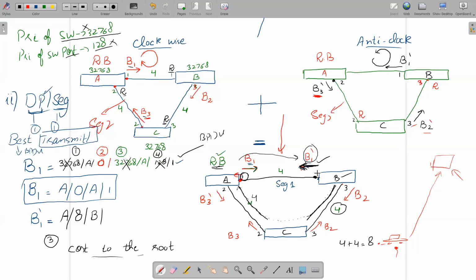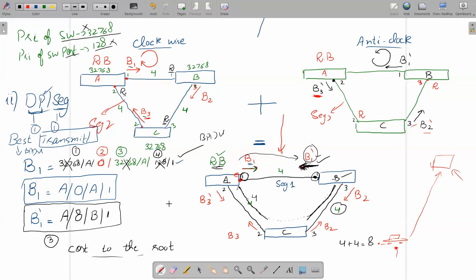So I'm going to write only the port number. And right now the sender port number is 1. So that's why I'm writing 1 over here. So now we have successfully written 2 BPDUs. B1, which was transmitted by the root bridge, and B1 dash, which is currently transmitted by switch B.